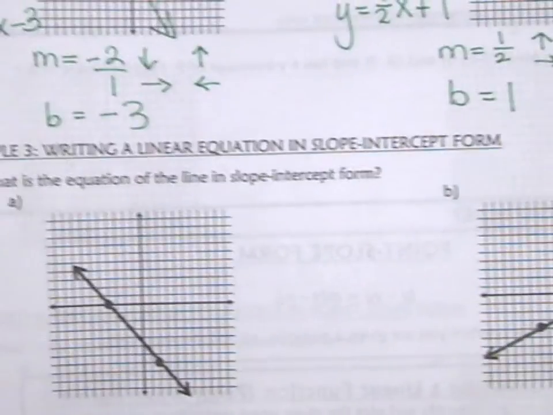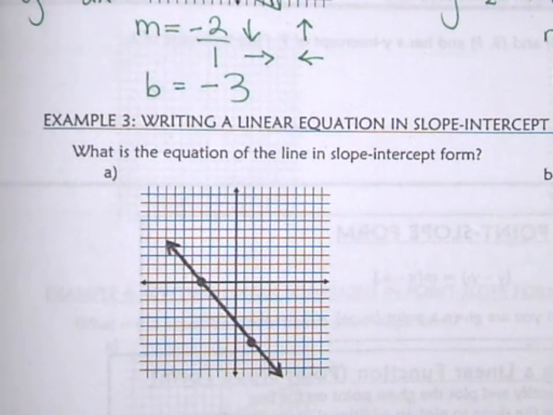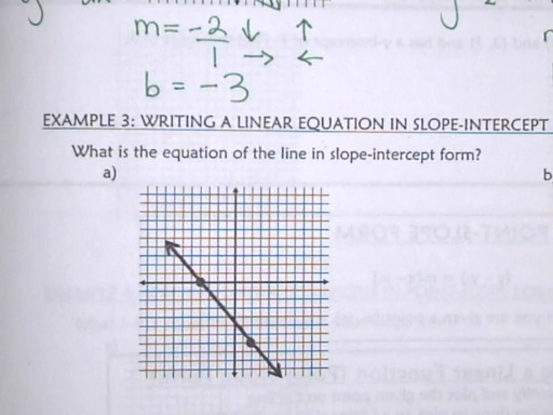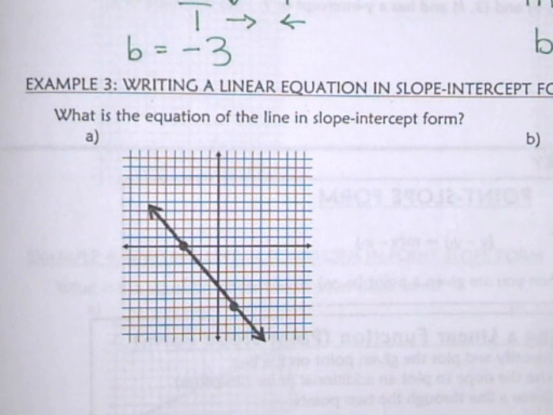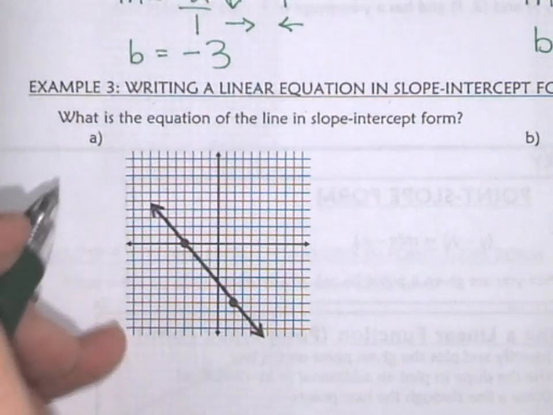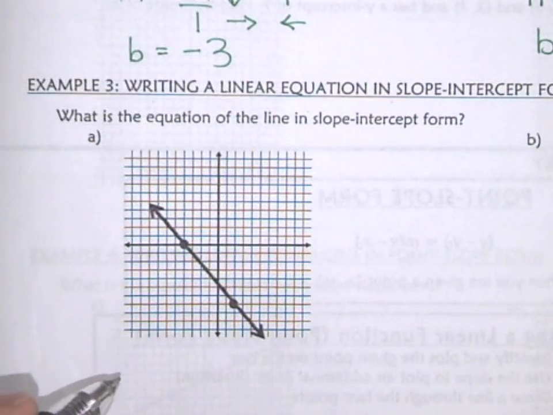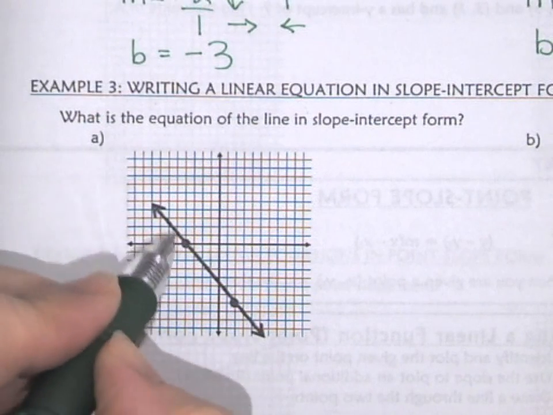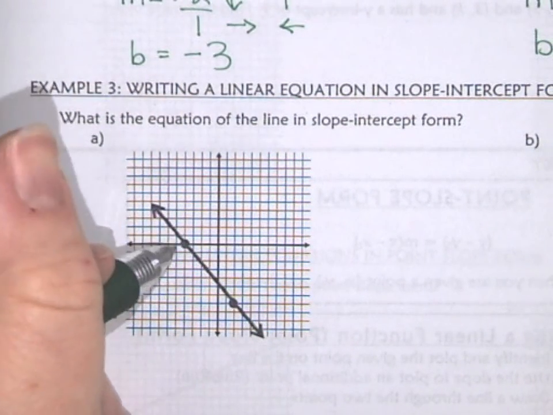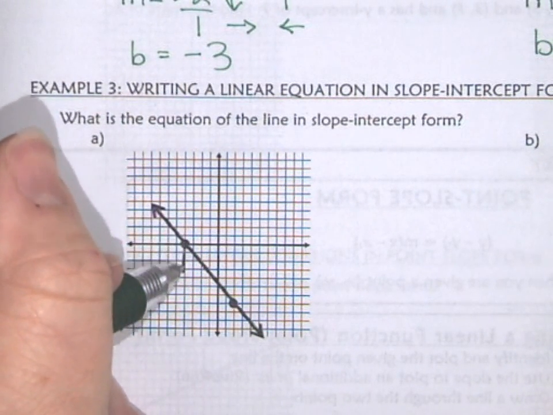All right, now the next step is to be able to look at the equation and look at the graph and write the equation. So to write the equation, we're going to need the slope and the y-intercept. You can make a triangle.